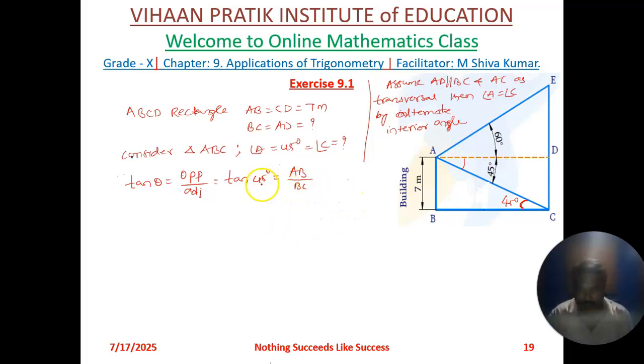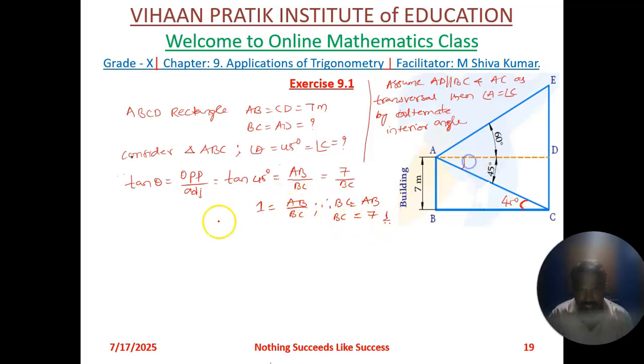Now we know that AB is 7. From the trigonometric ratio, tan 45 is 1 equals AB by BC, therefore BC equals AB, which is 7. So AB is 7, therefore BC equals 7.